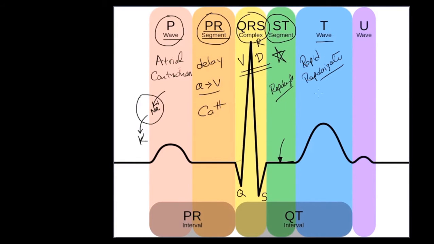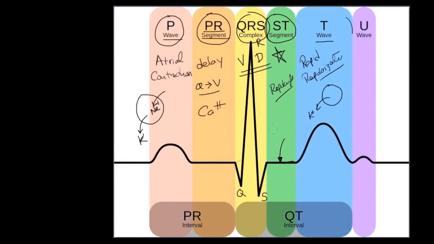It's rapid, and again, what's going on here is potassium is leaving the cells, and this is what is causing this rise in the T wave. And again, it is rapid. So from the ST segment to the end of the T wave, repolarization is occurring, but rapid repolarization occurs here at the end of the curve.